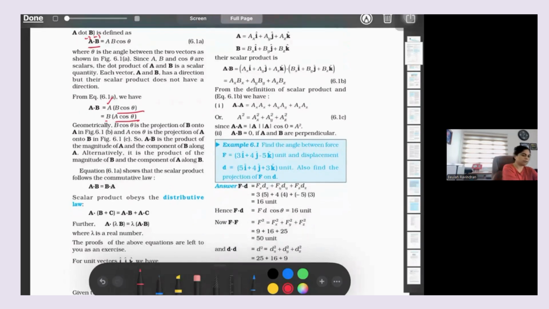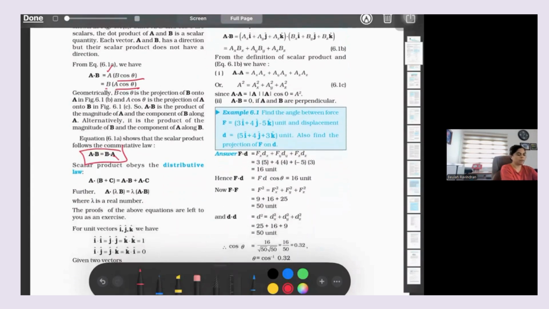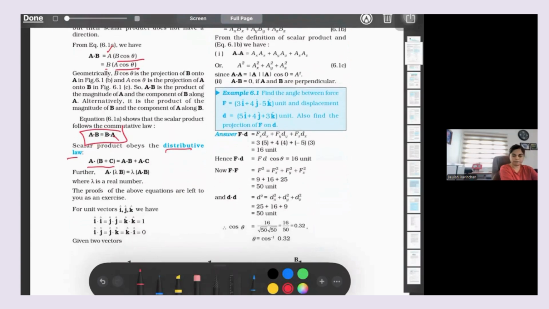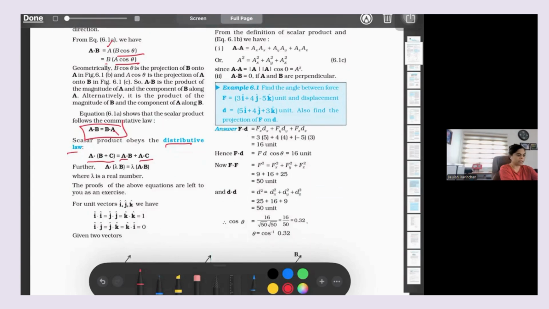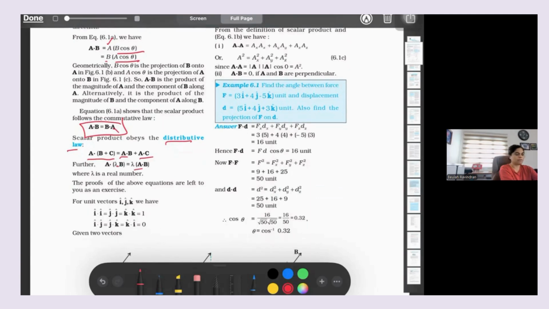And if we talk about the distributive law, A dot (B plus C) will be A dot B plus A dot C. If you multiply by any scalar, A dot lambda B, you can take lambda outside. That scalar, a number, can be taken outside as a common factor, so lambda times A dot B will be there.